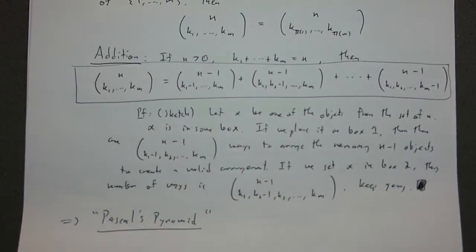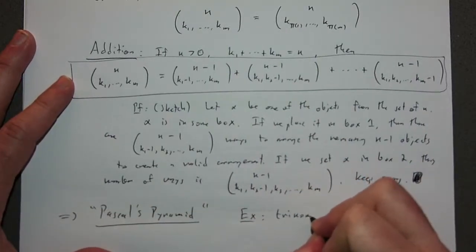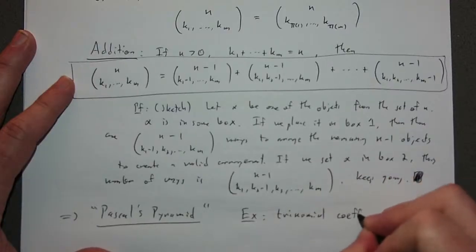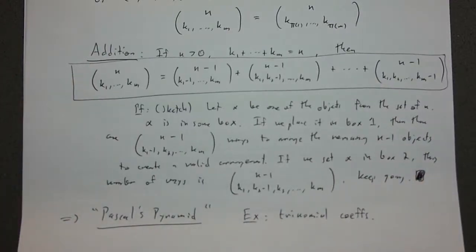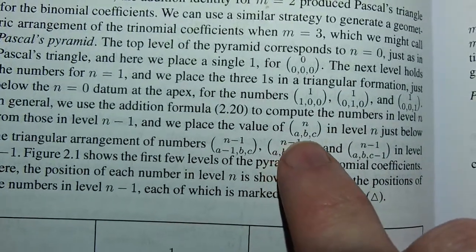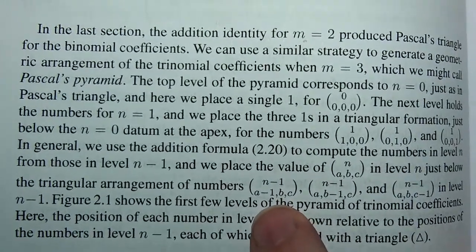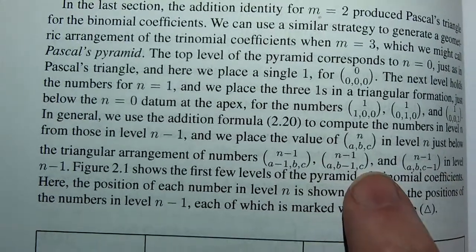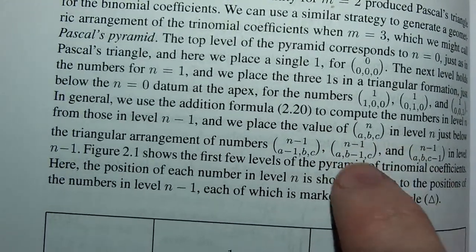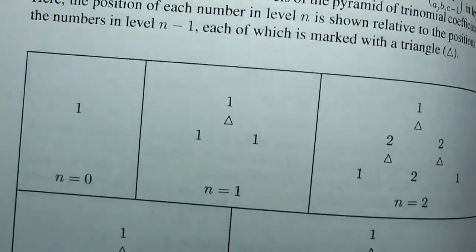For example, let's do this for trinomial coefficients, that is n choose A, B, C. Using the sum formula that we just got, we can see how to populate levels of this pyramid, to build them out, to see how this looks.